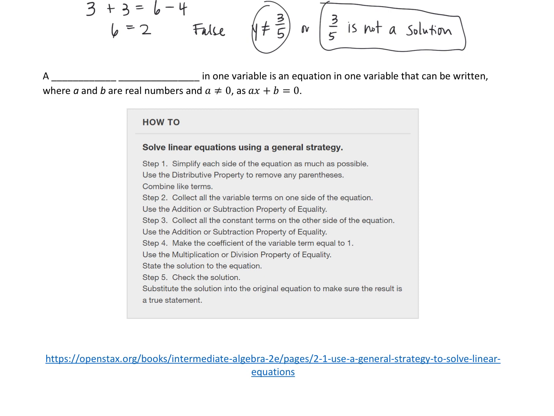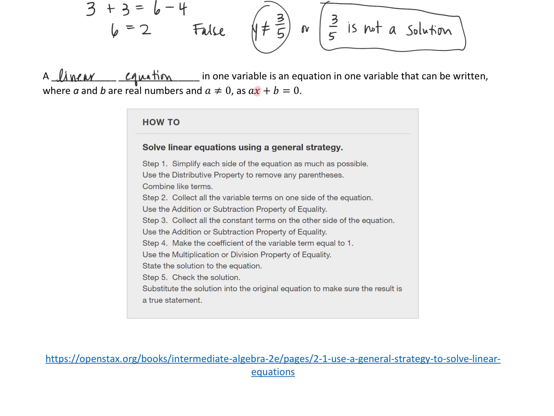A linear equation in one variable is an equation in one variable that can be written, where a and b are real numbers and a is not equal to 0, as ax plus b equals 0. So all that is just to kind of say you have one variable, so a and b are numbers. Your variable, in this case, is x.